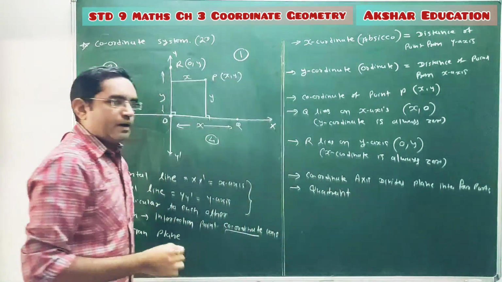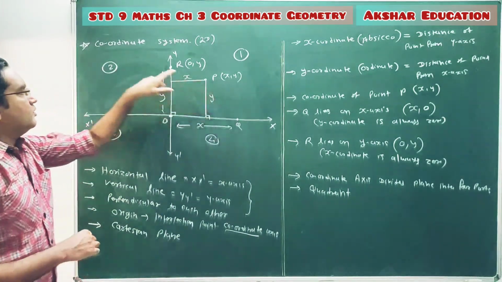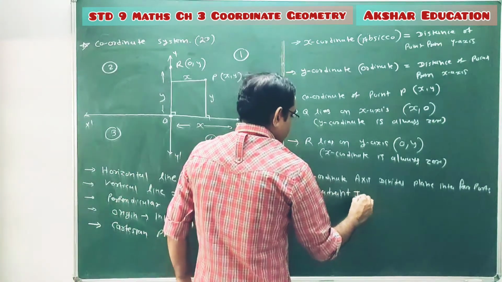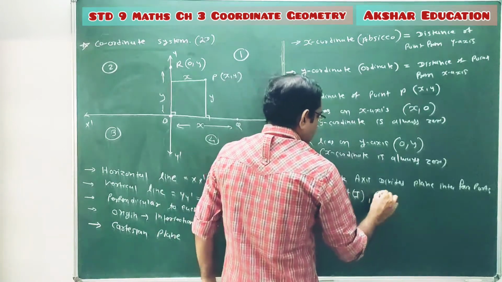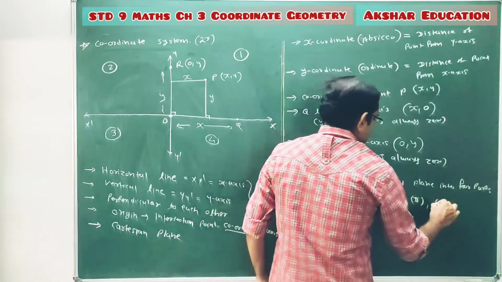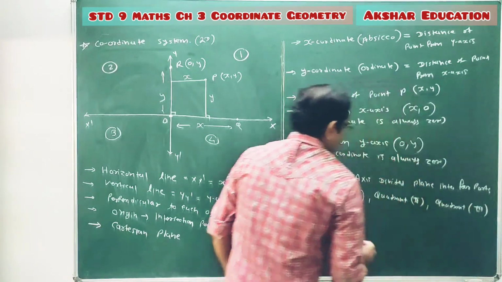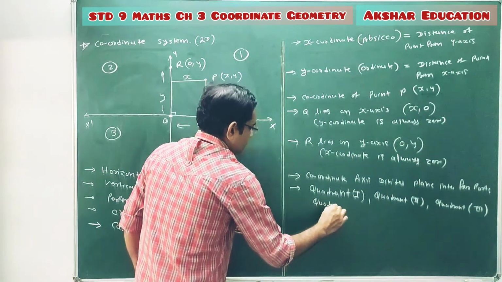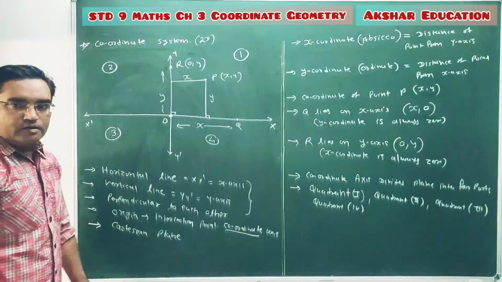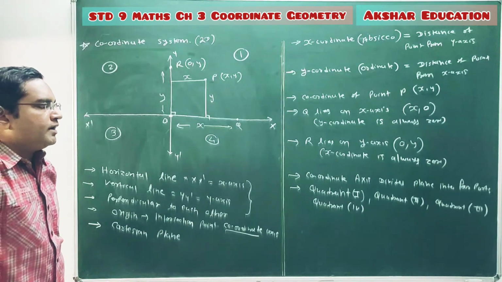It is 4 equal parts of our Cartesian plane: quadrant 1, quadrant 2, quadrant 3, and quadrant 4. Quadrants are indicated by Roman numerals. The coordinate axes divide our plane into 4 equal parts, and the 4 parts are quadrants 1, 2, 3, and 4.